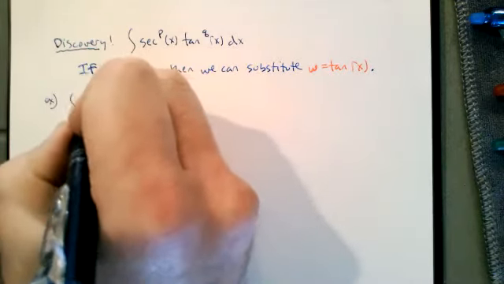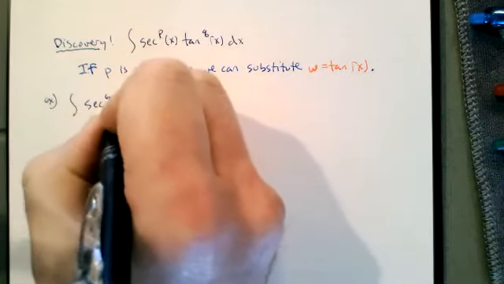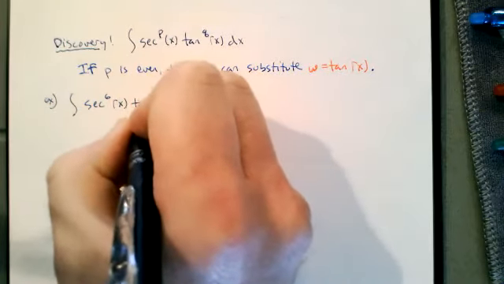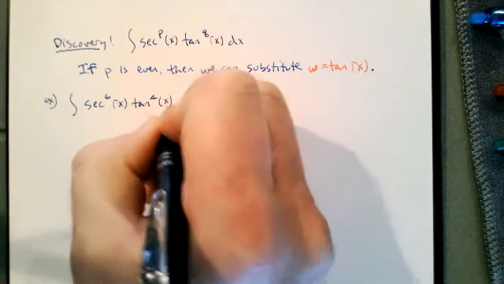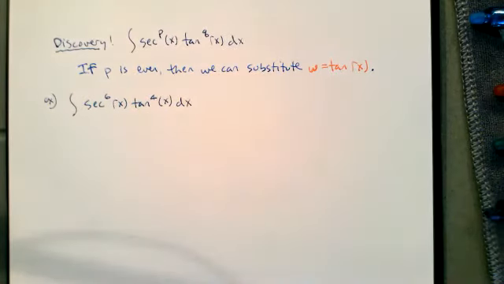If I have an even power of secants, what jumps out at us in this case is that there's an even power of secant. It's a secant to the sixth. And I've gone with tangent to the fourth because it doesn't matter if the tangent is even or odd.